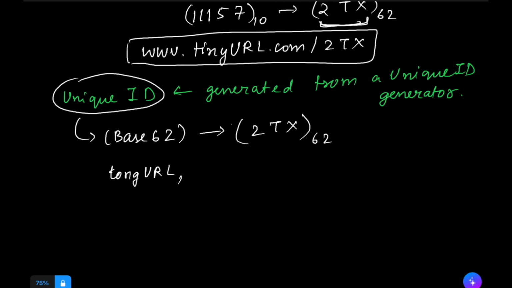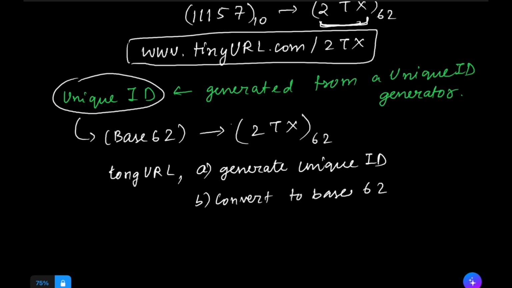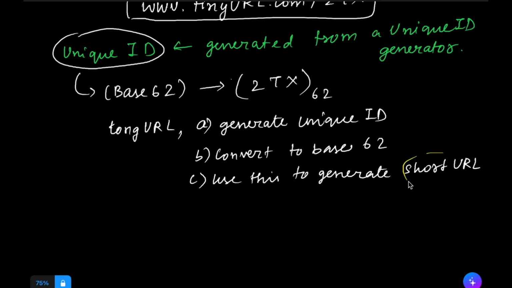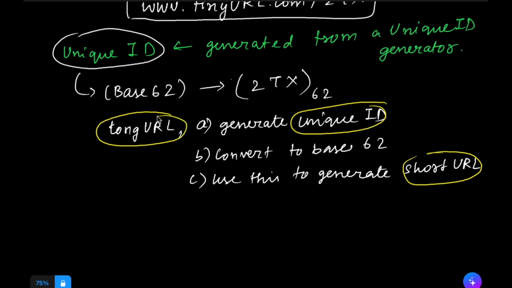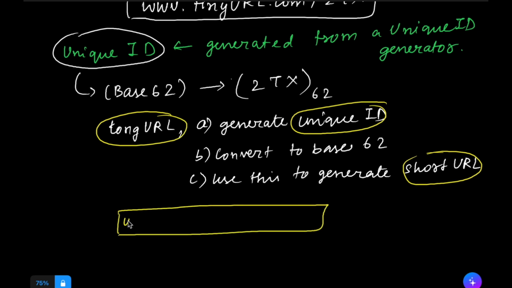What we do is we generate a unique ID, convert it to base 62, use this to generate the short URL, and after that, using the short URL, this unique ID and this long URL, we have a row in our database where the entry looks like this: unique ID, the long URL, and the corresponding short URL. So this is one of our database entries.